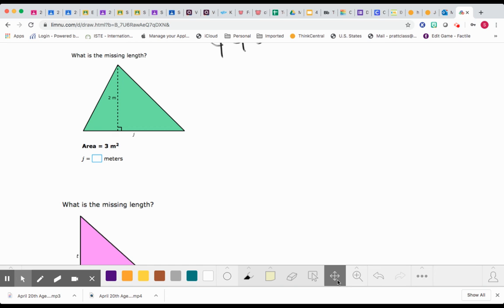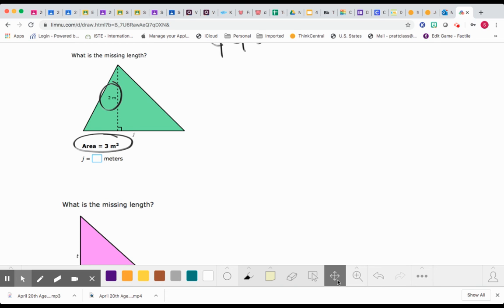So we already know the area is 3 square meters, and we have our height, which is 2 meters. Think back. When you were finding an area, you were taking your base and your height, multiplying it together, and then dividing it by 2.